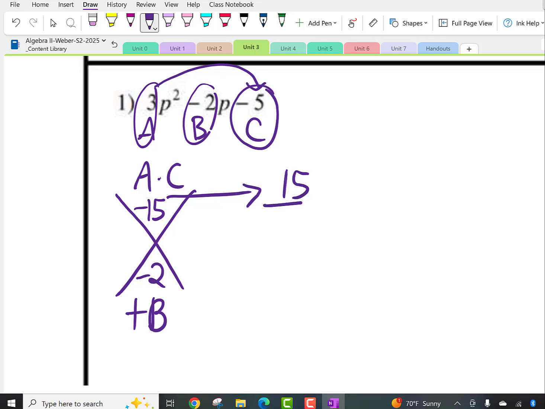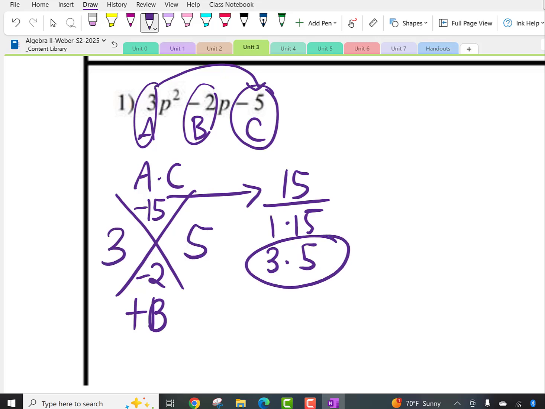Factors of 15 are 1 times 15 and 3 times 5. Now I want to get to the -2 on the bottom. So it would be 3 and 5. But because it's -2, we're going to make that 5 negative. Again, you can check over here. So is 5 negative or is the 3 negative?